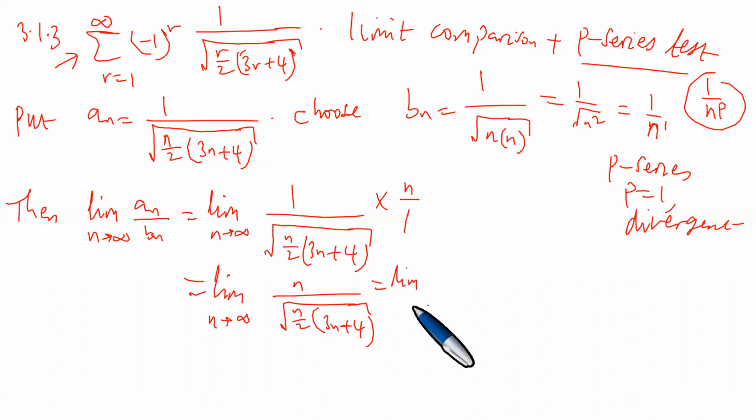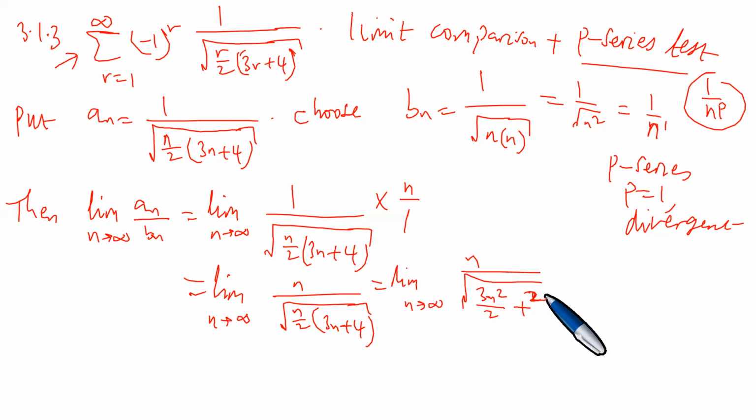So that we can evaluate this limit, we need to cancel out this n with something. So we need to factor out carefully from under the square root. We can multiply this one, it's going to be 3n squared over 2 plus 2n.